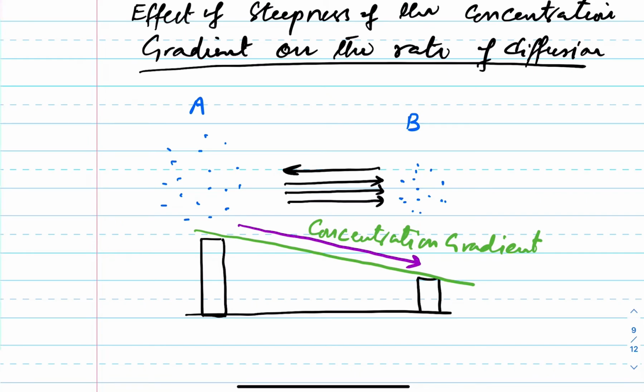If we make a difference in the concentrations on both sides in such a way that the concentration on A increases and B decreases, this would affect the concentration gradient. Okay?